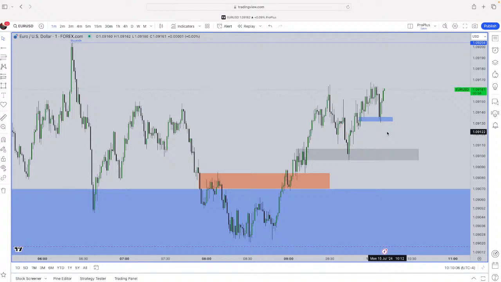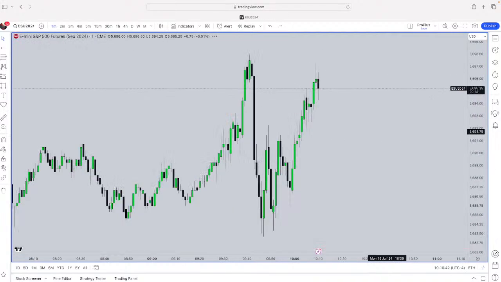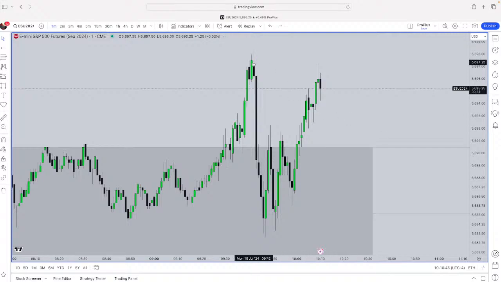Nice candle, nice. So Nasdaq, S&P, hasn't taken the high yet. So you see that there, high, low, high, high.